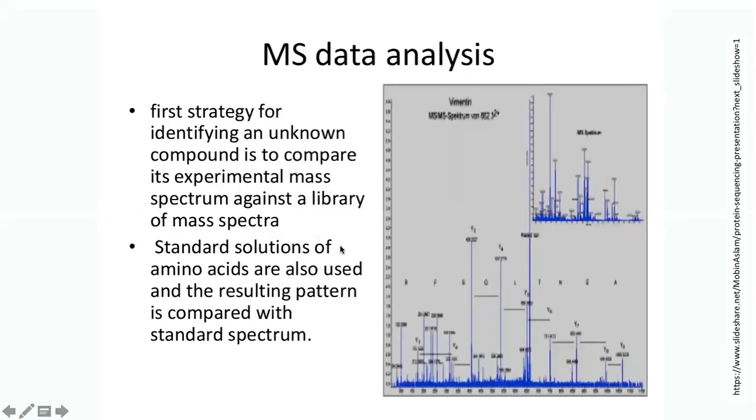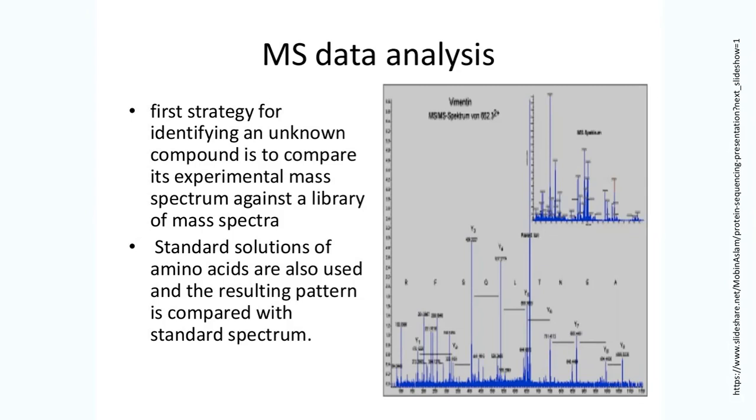Okay, so this is how you will get a spectrum out of this once the whole process is completed. So the first strategy for identifying an unknown compound is mainly by comparing the experimental mass spectrum that we got from the unknown sample against a library of mass spectra that we already have with standard compounds.